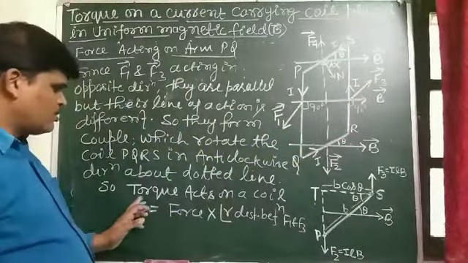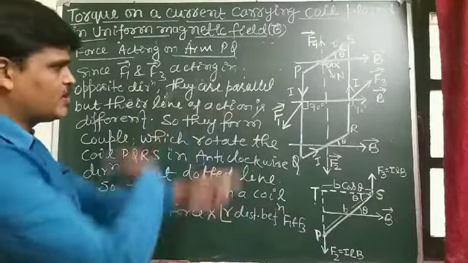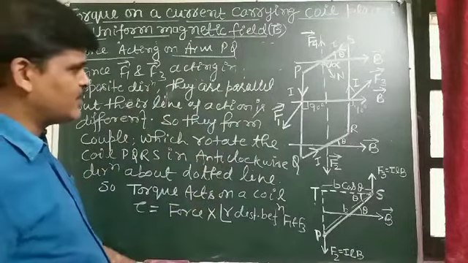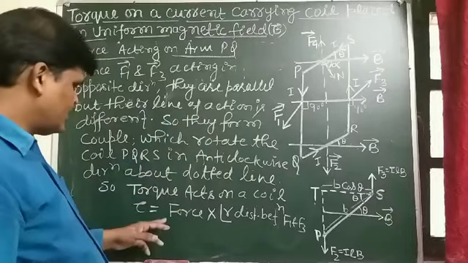And student, torque acting on the coil is the reason the coil starts rotating anti-clockwise about the dotted line.